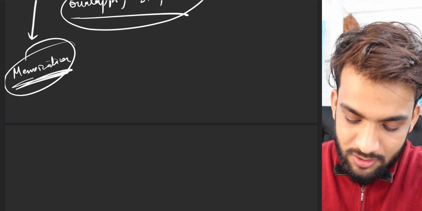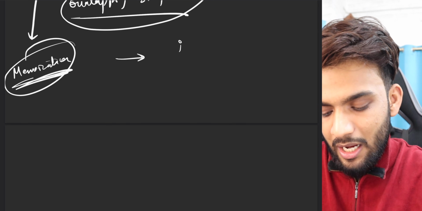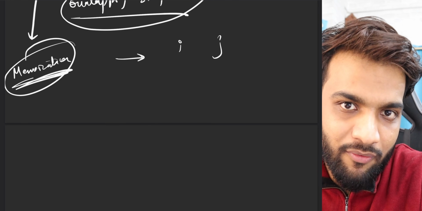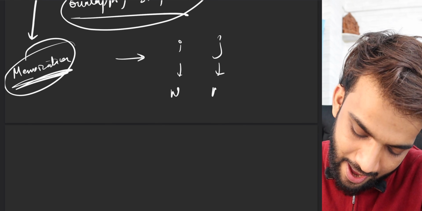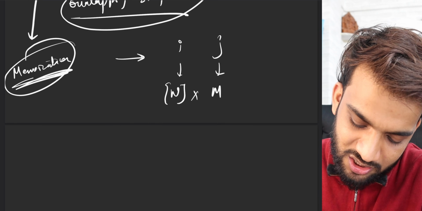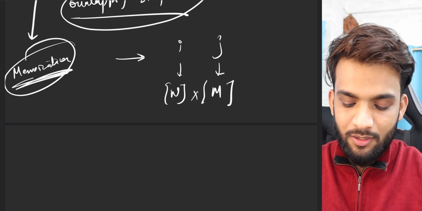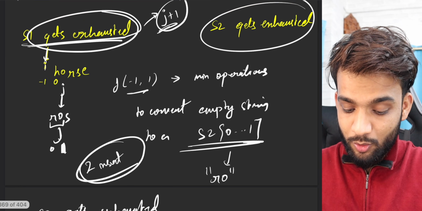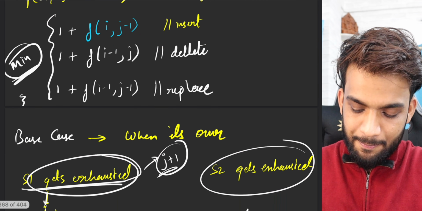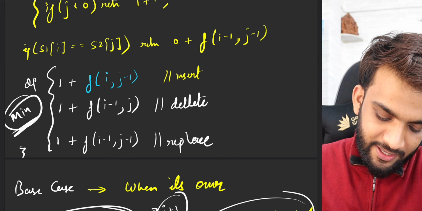So if you're trying to memoize changing parameters i and j, what's the maximum value of i? n. What's the maximum value of j? m. So n cross m DP is what you end up taking. So in memoization, you know what to do. Just a couple of steps. Just make sure before returning, you write it.